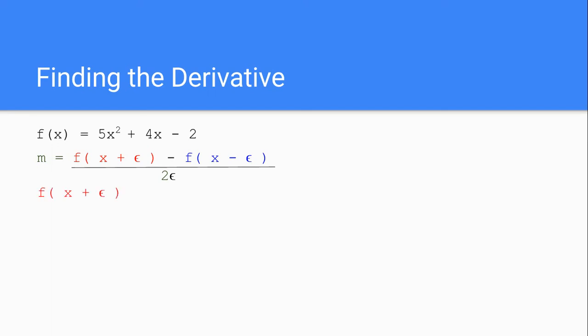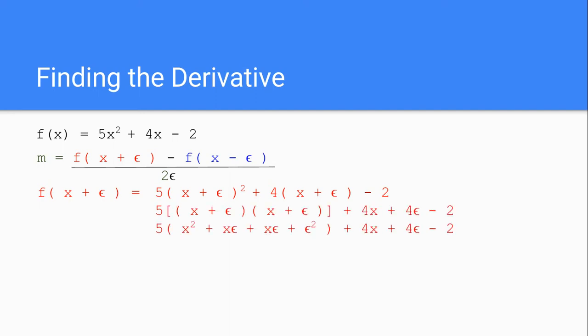So first we're going to find f of x plus epsilon. All we're doing is taking f of x and replacing x with x plus epsilon. So here we have 5 times x plus epsilon squared, plus 4 times x plus epsilon, minus 2. And then we simply carry out the math and simplify it.